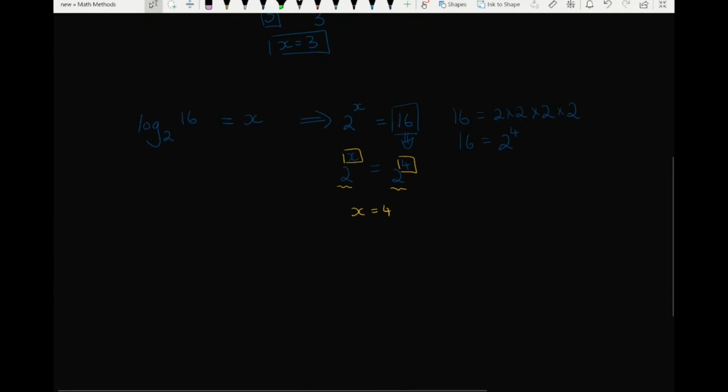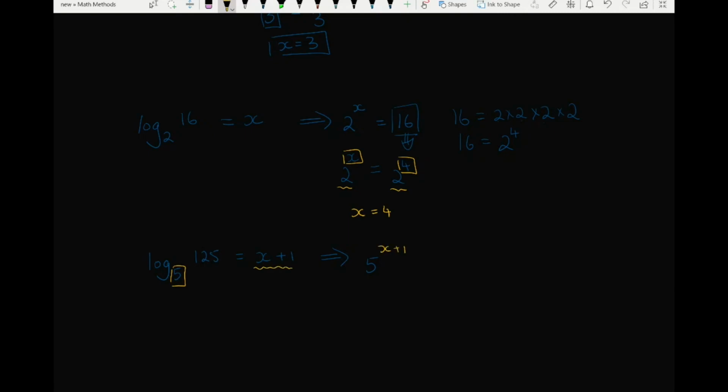Let's look at one more example. Say we are told that log 5 of 125 equals x plus 1. So how would we solve this? So again, let's follow our rule that this can be written as 5, because that's our base here, to the power of, so this is our power, x plus 1 equals this number over here, 125.